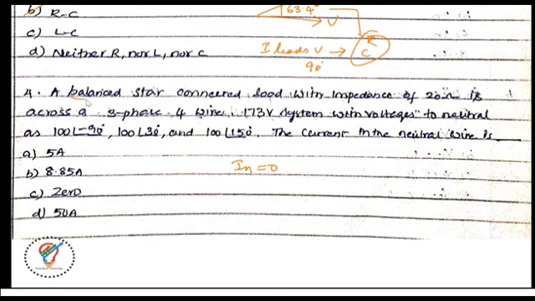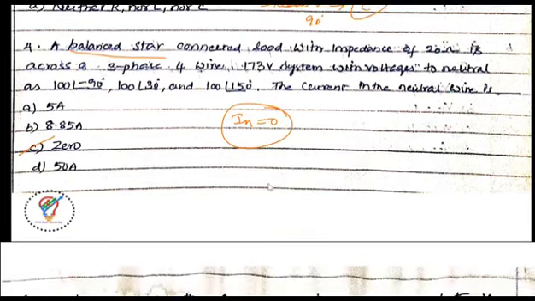So the answer will be 0. If you want, you can cross check using the formula I_n = V/R: 100 at angle minus 90 divided by 20, plus 100 at angle 30 divided by 20, plus 100 at angle 150 divided by 20. You will get the answer as 0.